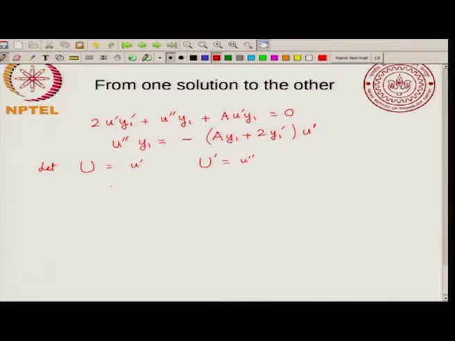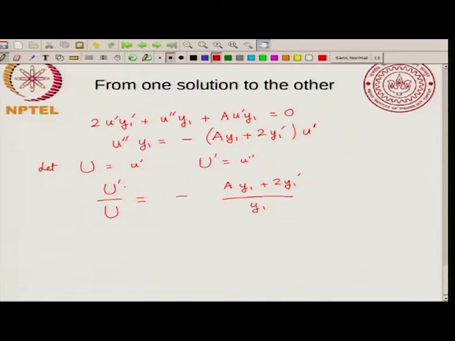So then you will get U prime by U is equal to minus (a y1 plus 2 y1 prime) divided by y1. Now you can immediately see where we are going with this. You have essentially separated U and x.